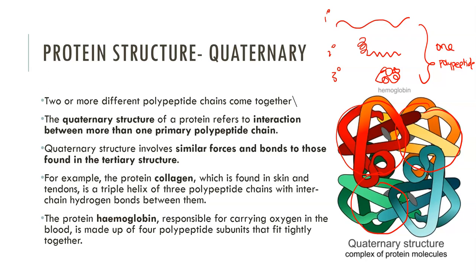So quaternary structure is where we have side chain interactions between multiple tertiary structures. Again, it's the side chains on the external regions of these folded polypeptides. And then we have multiple subunits coming together to form one single active protein.